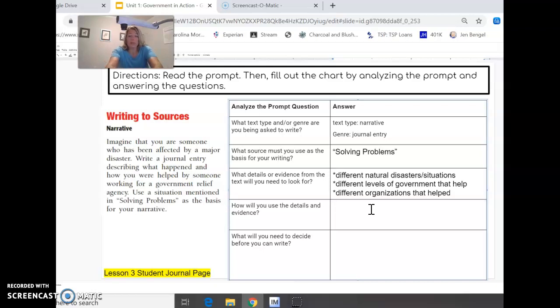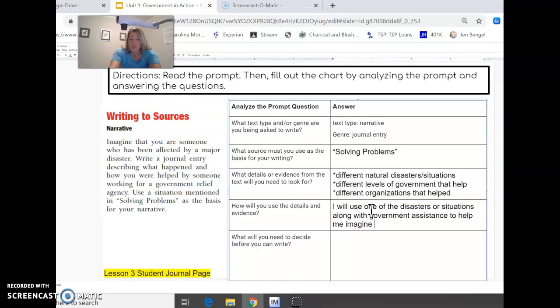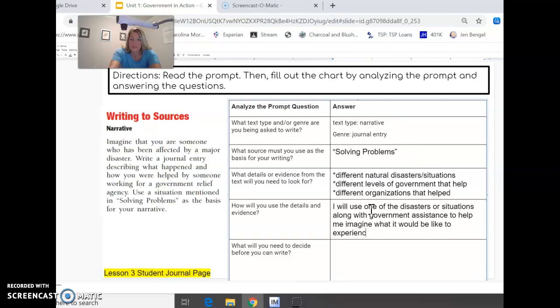Well, I will use one of the disasters or situations along with government assistance to help me imagine what it would be like to experience a major disaster, so that you can accurately tell the story, because we don't want to talk about things that wouldn't really happen.